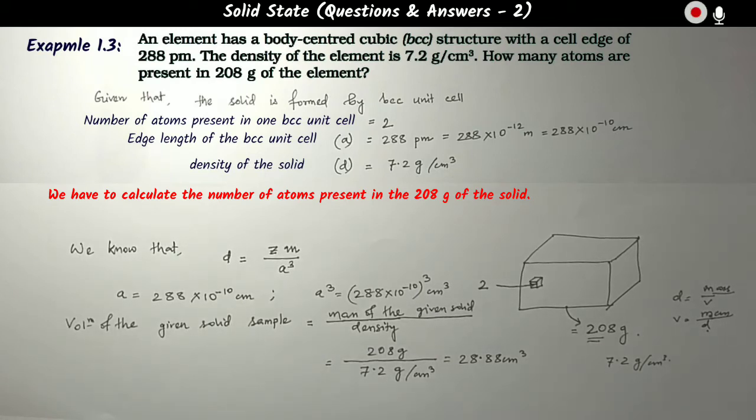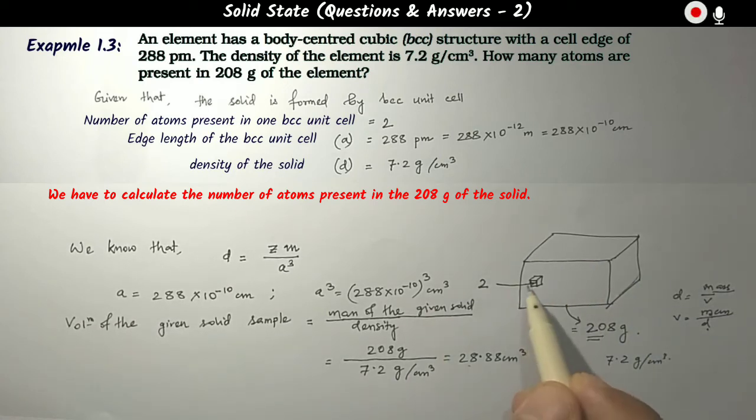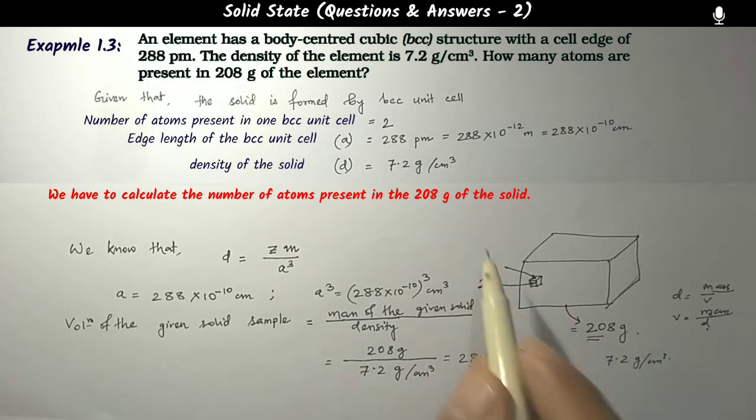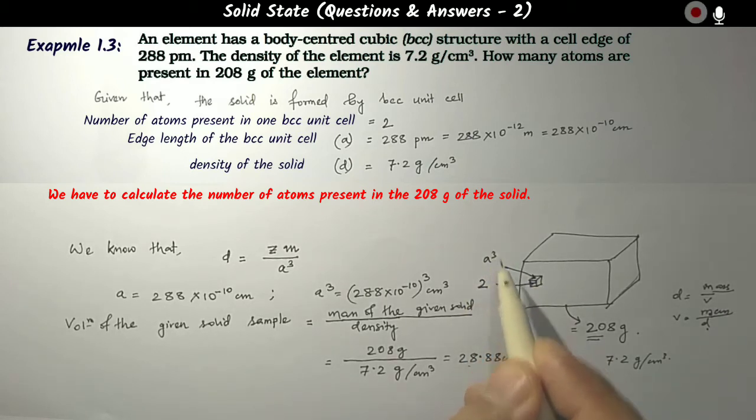Gram will cancel out. So this represents the volume of the whole solid, and the volume of only one unit cell is a cube.